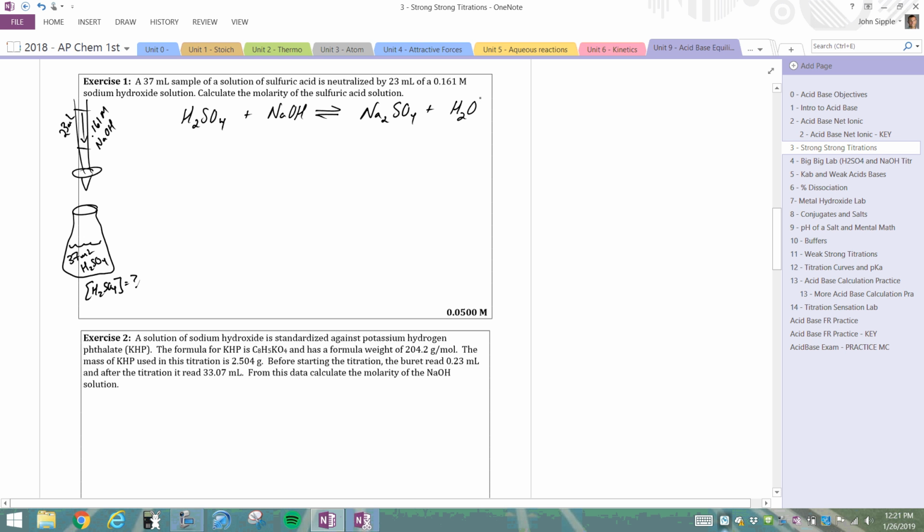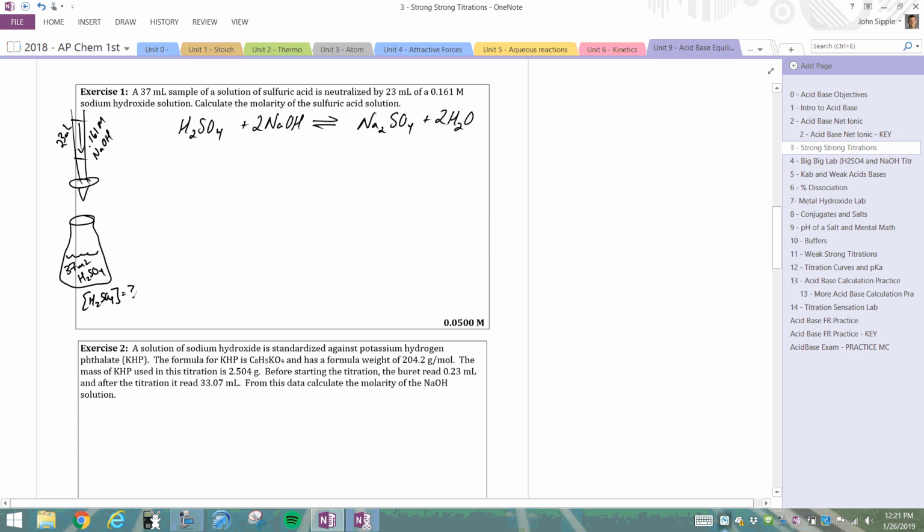If we were to balance this equation, we would need 2 sodium hydroxides for every 1 sulfuric acid. So it's not a 1-to-1 mole ratio in this case. A lot of times it will be 1-to-1, but this is one of those examples that it's not. That's why I wrote out a balanced equation here, to check up on things, because we're probably going to set up some ice tables and things of that nature as well.